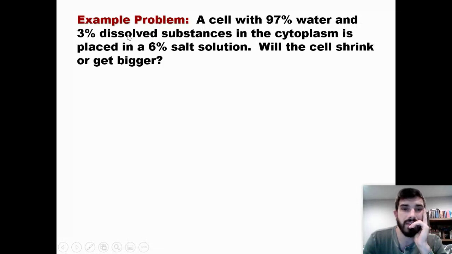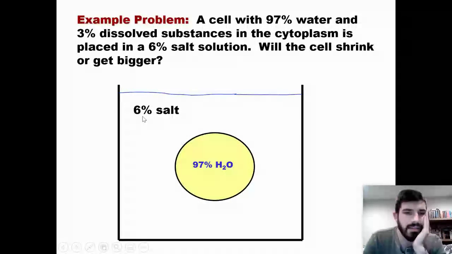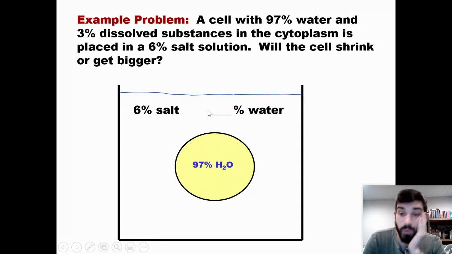So this cell is placed in a 6% salt solution, meaning that the solution is 6% salt, which means it's how much percent water? Let me go through this for you. If the outside is 6% salt, then that means it must be 94% water. I'm correct, obviously.